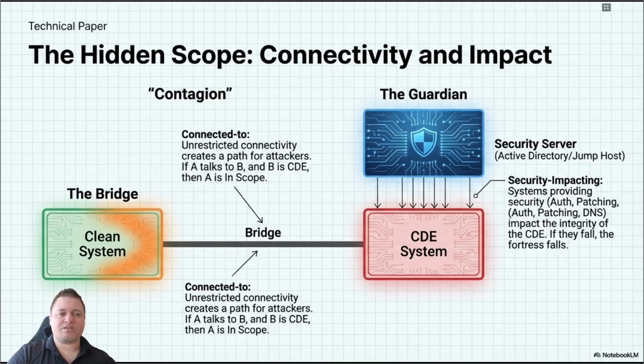Because B is holding the CDE, and A is talking to the CDE, which is on B. Kind of like VLAN 2. If VLAN 1 talks to VLAN 2 that's holding the CDE, VLAN 1 needs to be in scope.